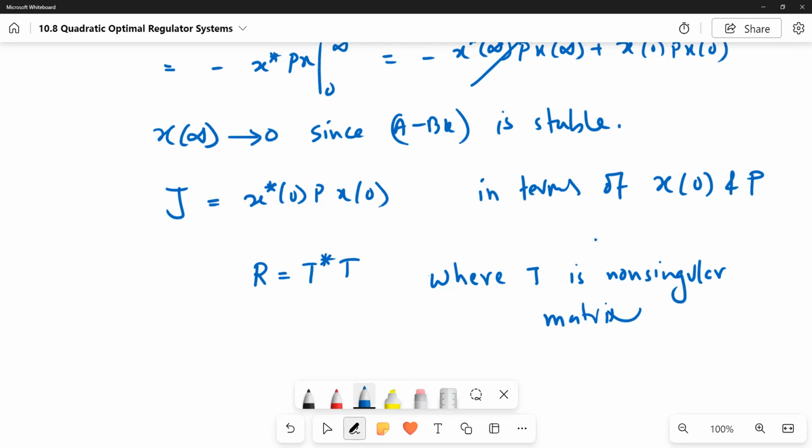Non-singular matrix means somewhere in the way forward we have to take T inverse. A non-singular matrix is one whose inverse exists, and that is why it is called non-singular. Somehow you have to take the inverse, and the determinant of your T should not be 0.